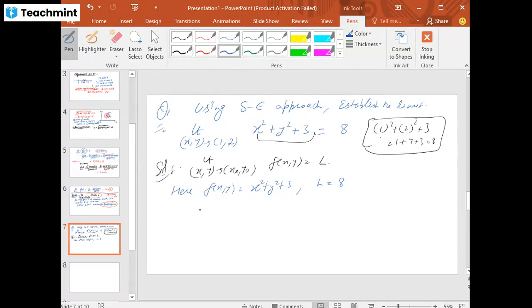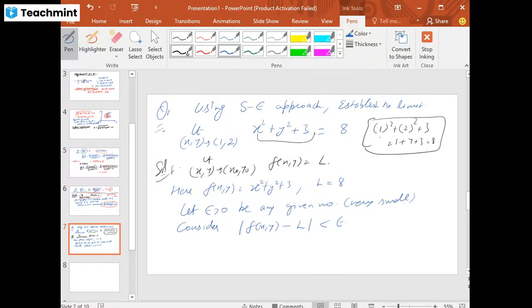Okay. So now to establish this particular limit, we start with the definition. So we state that let epsilon be greater than 0 be any given number which is very small. Okay, consider the absolute value of f(x,y) minus L is less than epsilon.